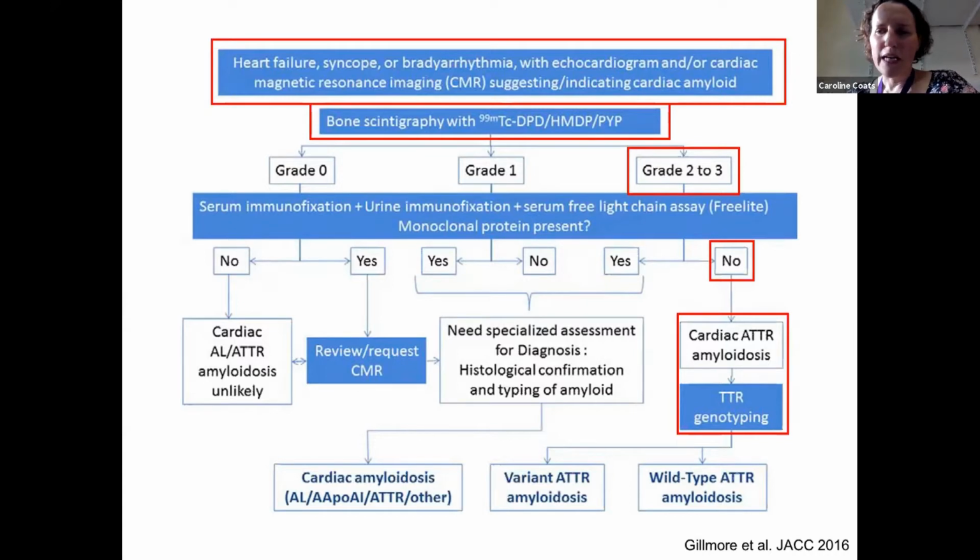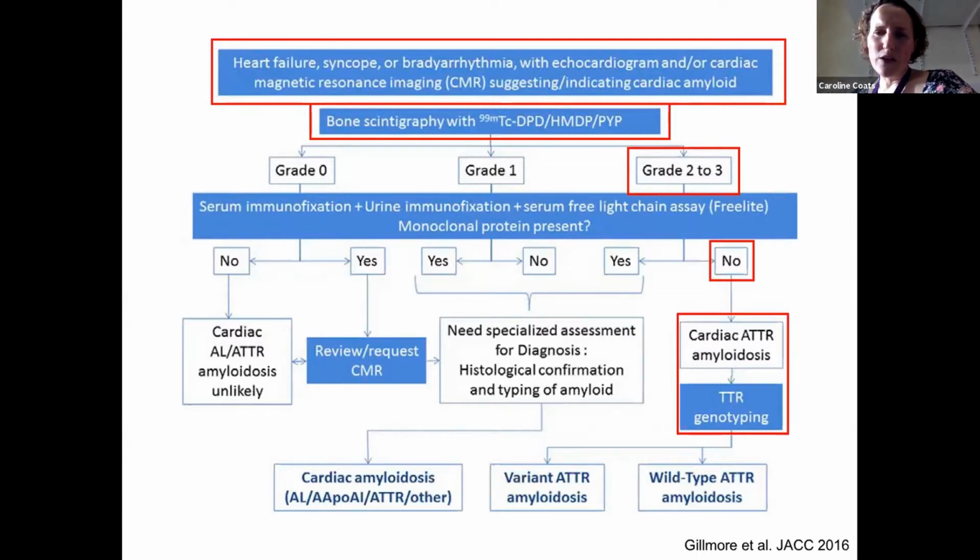I won't go through the details of this, but this has been a really fundamental change to the way that we diagnose and manage amyloidosis. So I hope that in the future, we're going to be much faster at diagnosing it, and the process is going to be less invasive for patients.